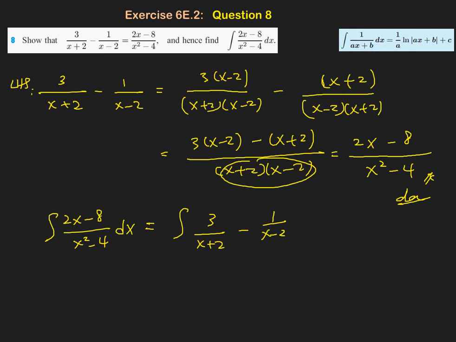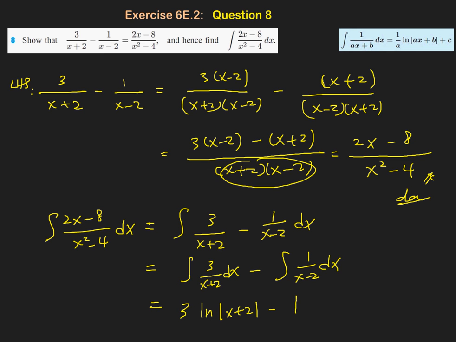Because we have shown that this rational expression is similar to this here, so we can express it as follows and perform the integration separately, and just use the formula here. This will be ln of x plus 2. Do not forget the absolute sign. It's very important that you keep the absolute sign, plus c.